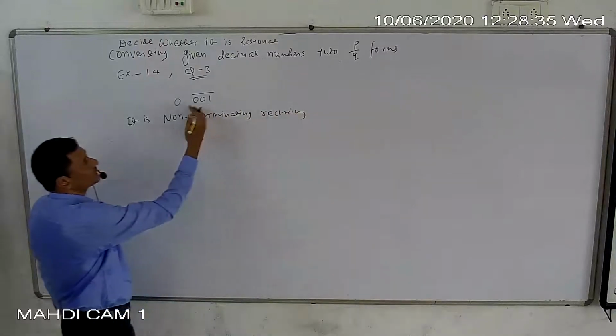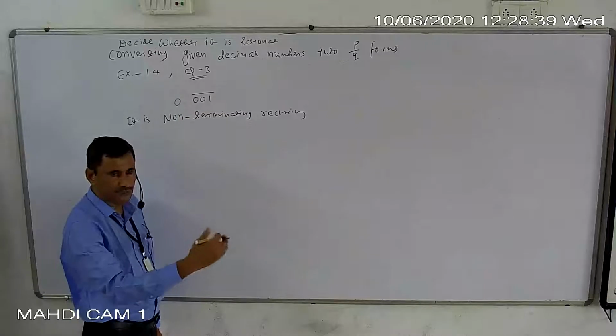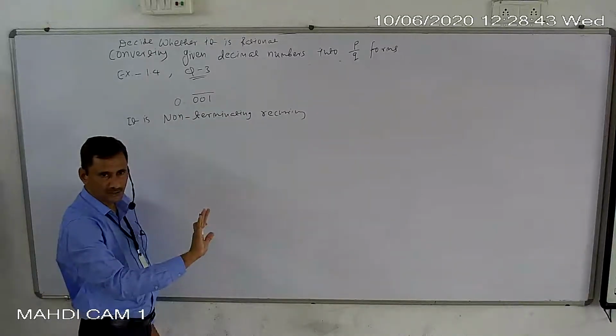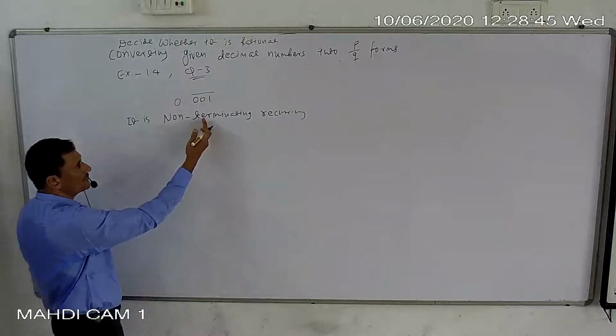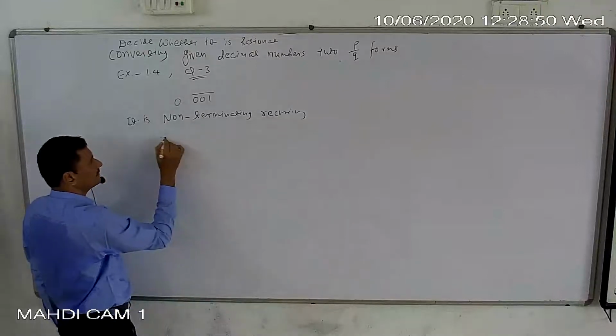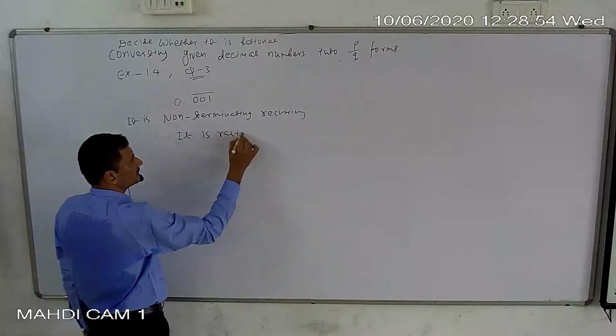Why recurring? Because it is actually 0.001, 001, 001, 001, proceeding continuously, endlessly. So you have to decide it is non-terminating recurring. So it is a rational number.